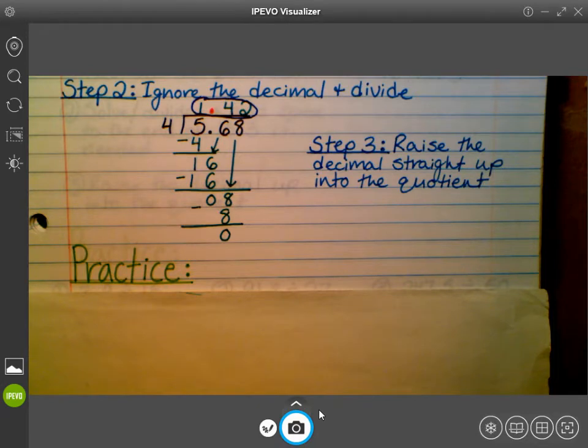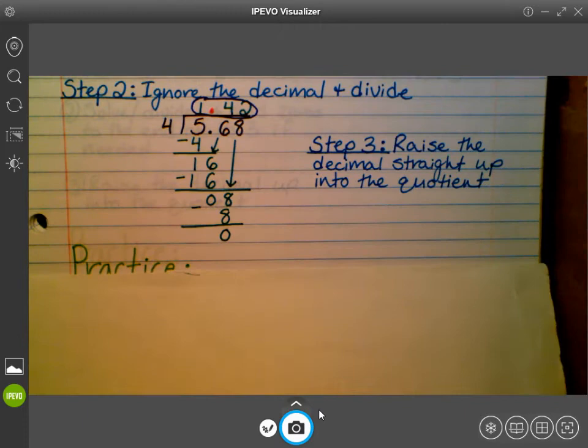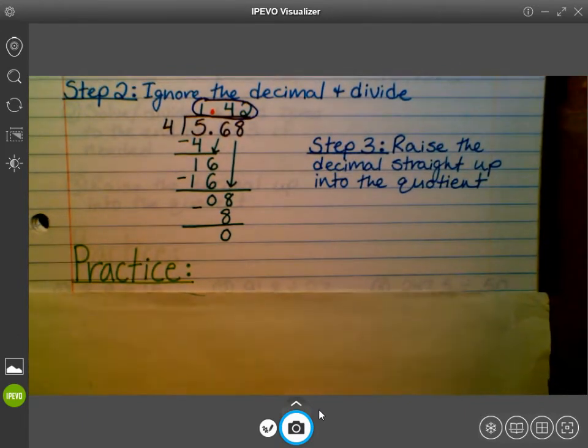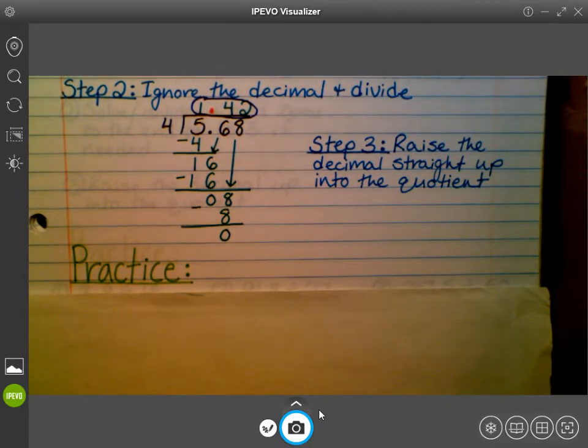Step 3: raise the decimal straight up into the quotient. And did you get practice written down? Awesome. All right, are we ready for our practice problems?